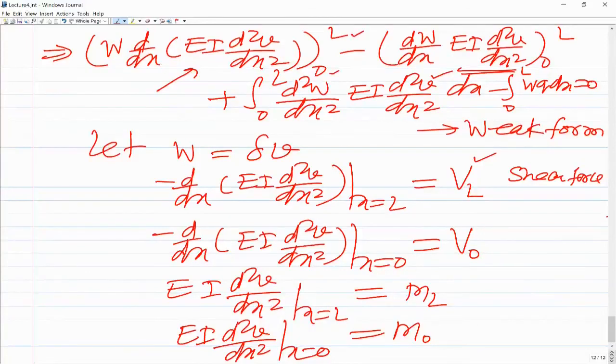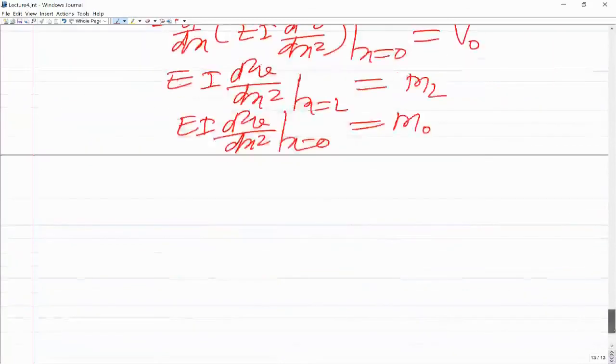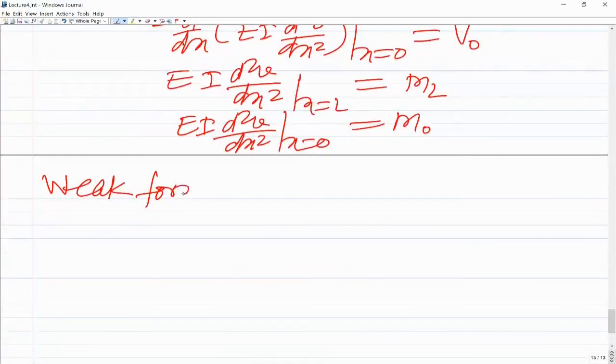The lower boundary would be minus with a minus, and that minus is absorbed in the definition of shear force, and w is delta v. So when I look at the weak form, the first term, the lower boundary term, can be written as delta v naught into V naught, where minus d by dx EI d2v by dx square at x equal to 0 is V naught.